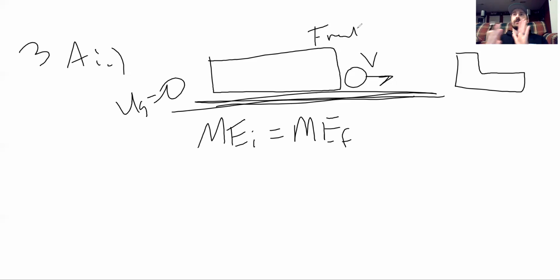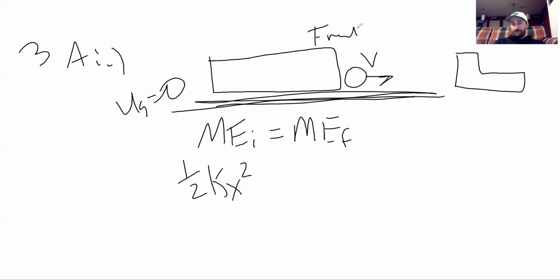All it has is elastic potential energy, which is equal to 1/2 k x squared. For the final, we're looking at the instant it leaves the launcher, so it's not in contact with the spring anymore. So 0 spring energy, 0 gravitational potential energy. It only has kinetic energy, 1/2 m v squared. All right, there's our equation.